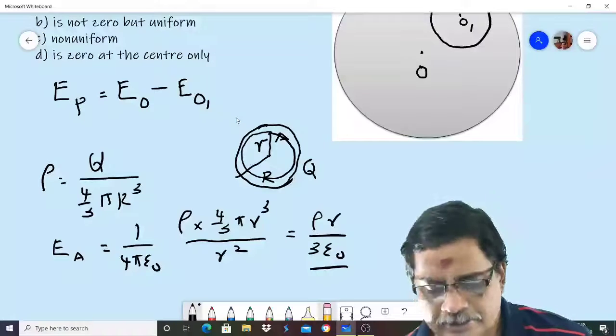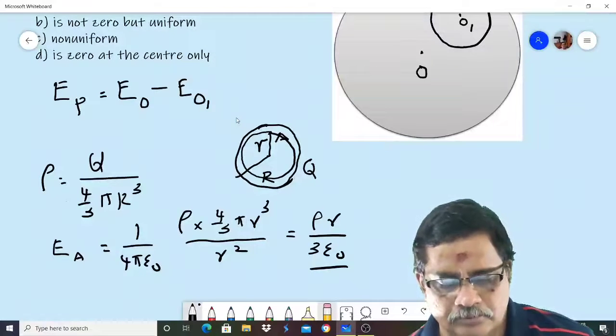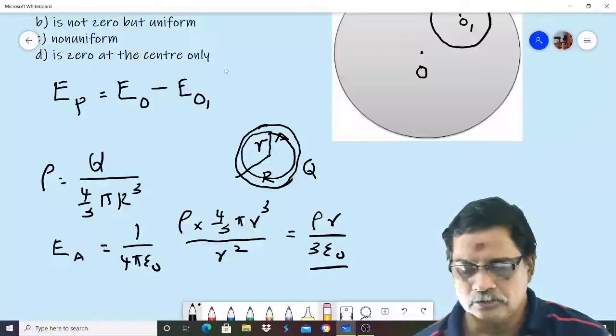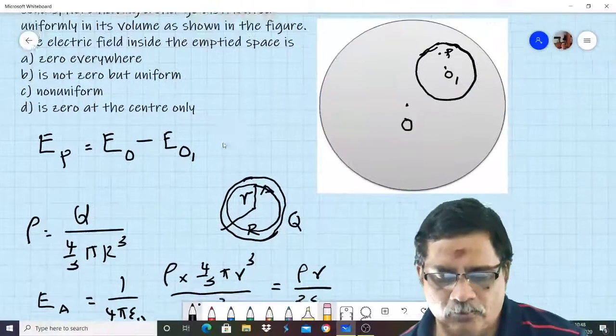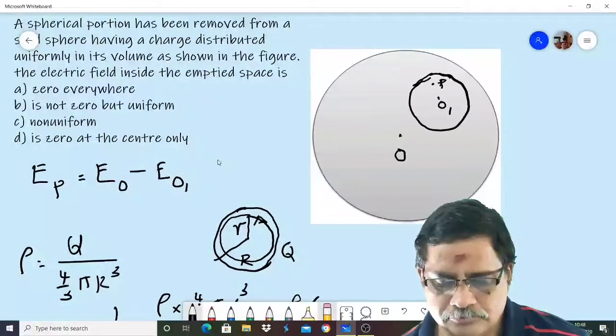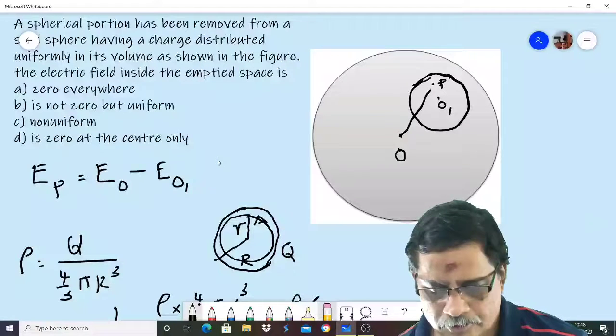Now let us apply that here. Look at the diagram. Assume that the point P is at a distance r1. Let me redraw that.